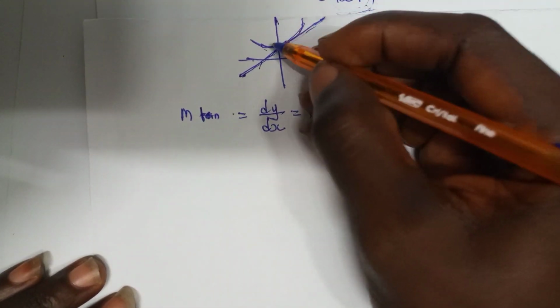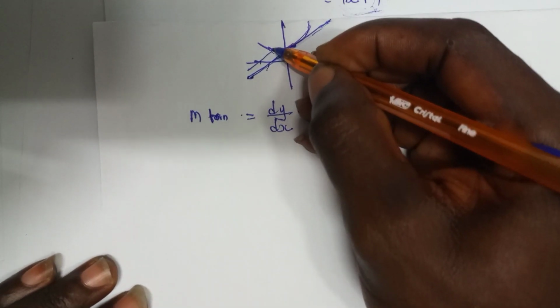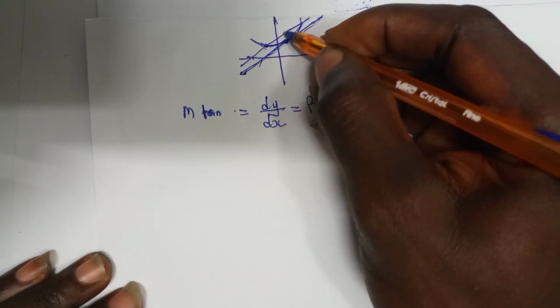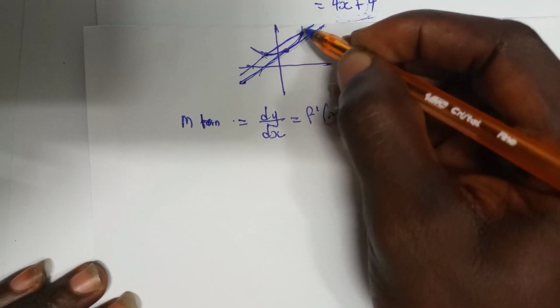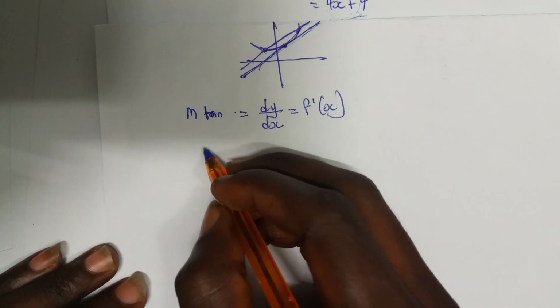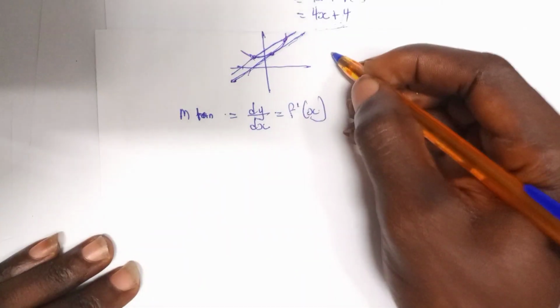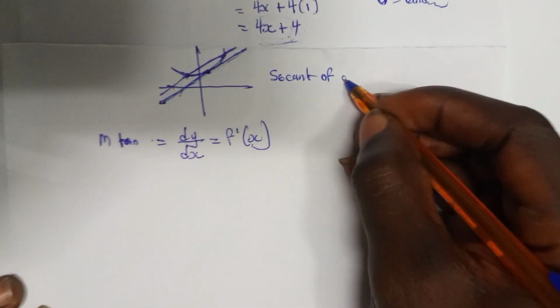Okay, a line that touches a curve at 2 points is called a secant of a line.